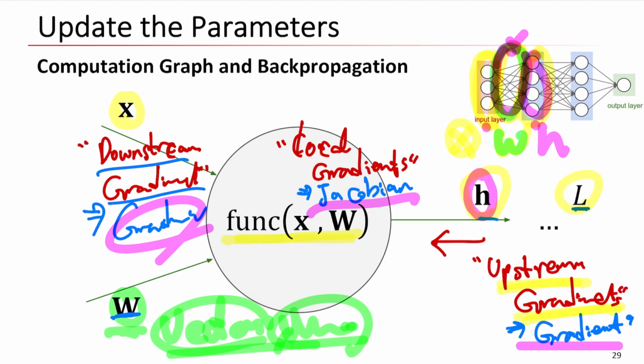And the local gradient of h with respect to w and h with respect to x. By using the upstream gradient and the local gradient, we can generate the downstream gradient, right? So that is the general idea of the computation graph and backpropagation.